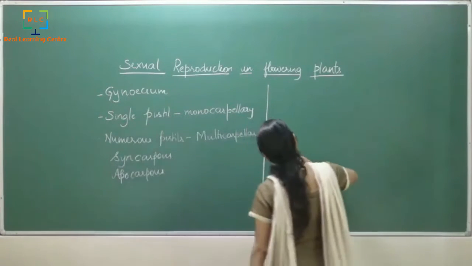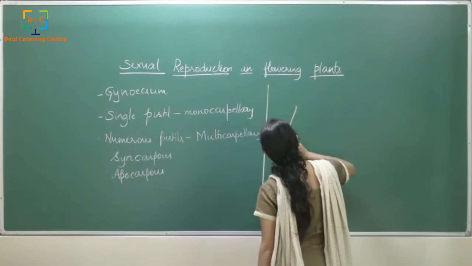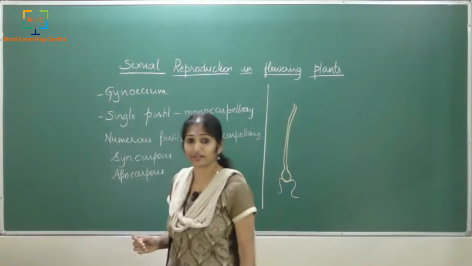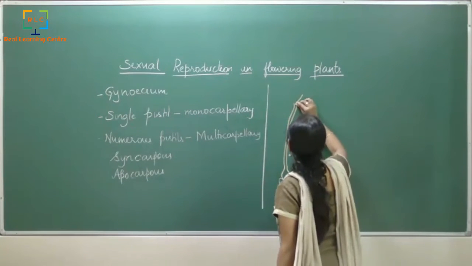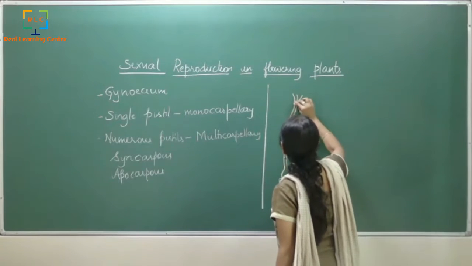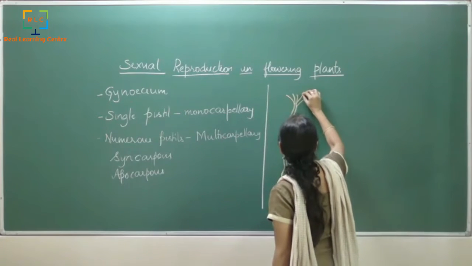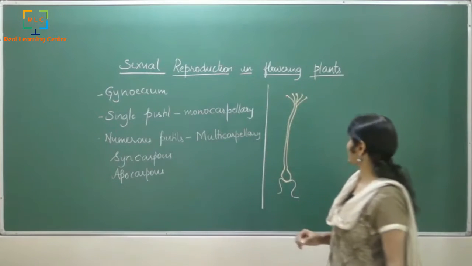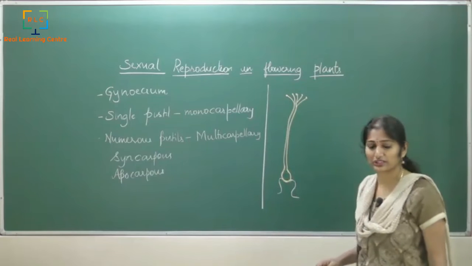Then this is elongated, and at the tip it gets branched like this, and this is how our gynoecium looks.